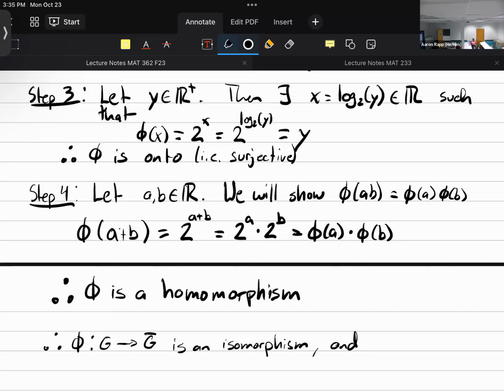And we can say the reals with addition have the same structure or same form as the positive reals with standard multiplication.